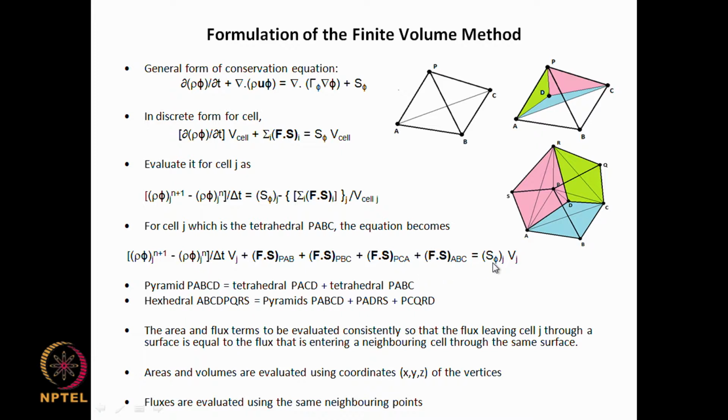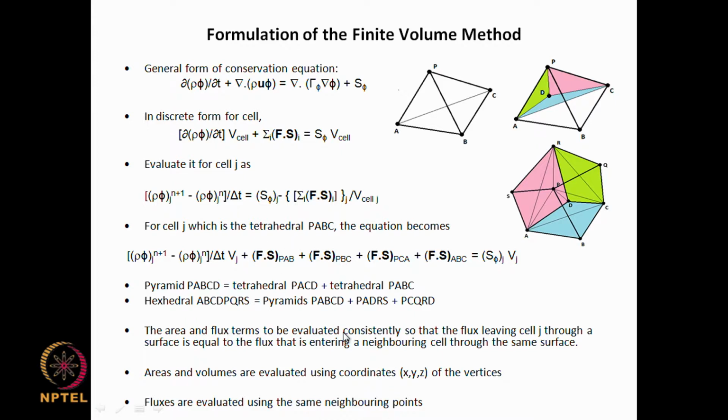The source term is something that needs to be specified and evaluated. So, the things to be evaluated are, obviously, for each cell the volume, and the surface area of each of those, for example the triangles, and we also need to take the dot product with the fluxes. So, we need to know the orientation of these triangles, and we need to evaluate the fluxes.